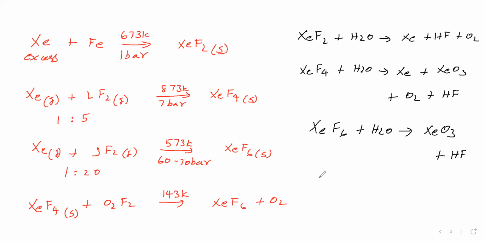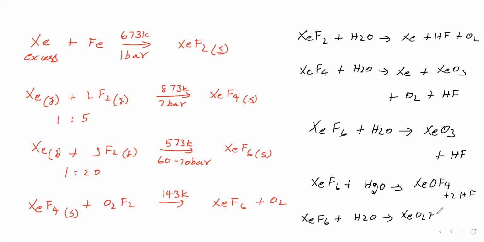Next, XeF6 on partial hydrolysis gives XeOF4. That means 2 fluorine atoms are replaced by 1 oxygen atom. When XeF6 undergoes partial hydrolysis, we also get XeO2F2.